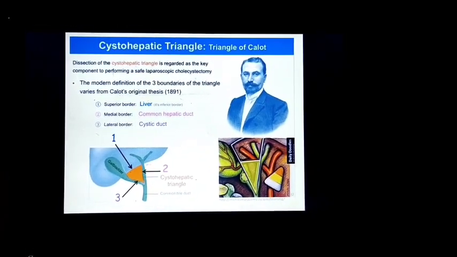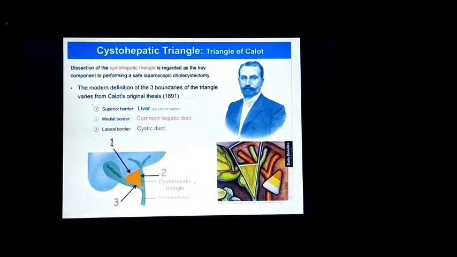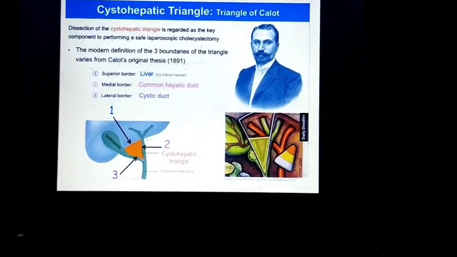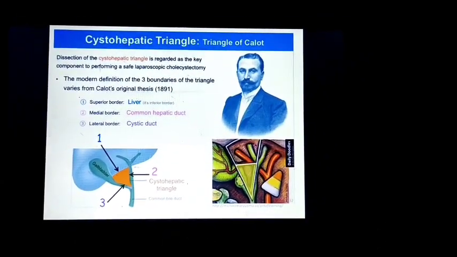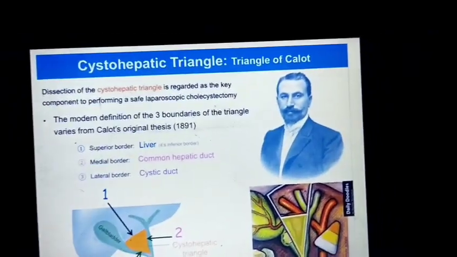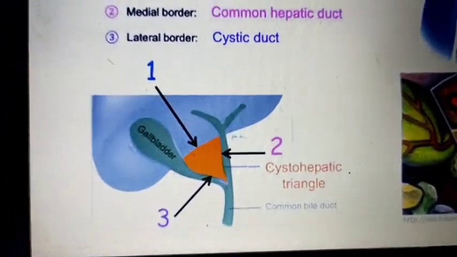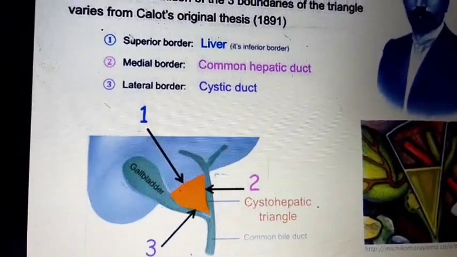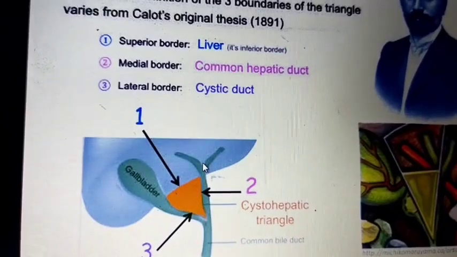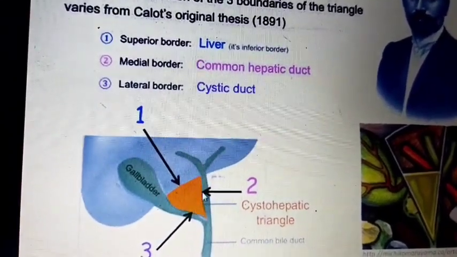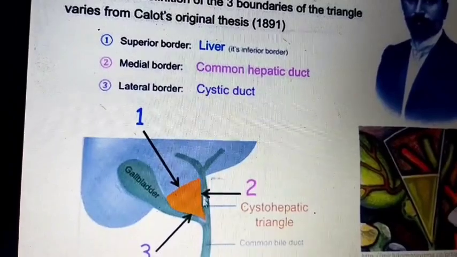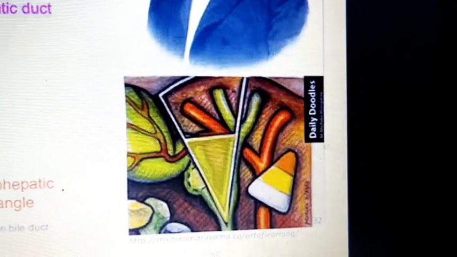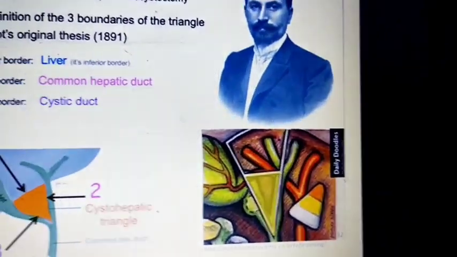The superior border is the liver, the inferior border medially is the common hepatic duct, and laterally the cystic duct. You can see here 1, 2, 3: the superior border by the liver, the medial border by the common hepatic duct, and the lateral border by the cystic duct. This denotes Calot's triangle.